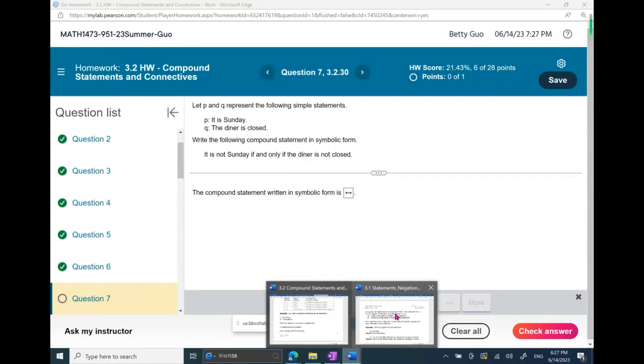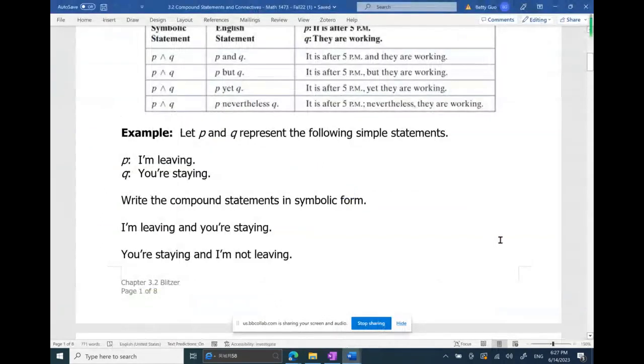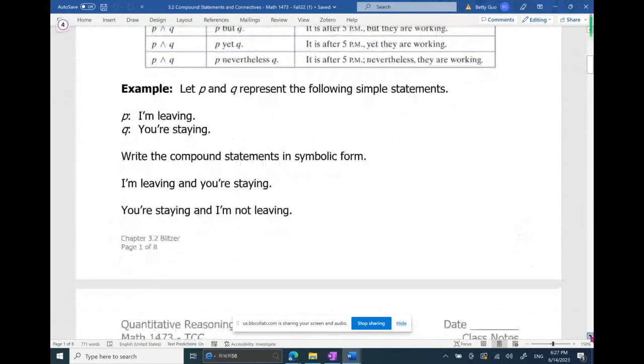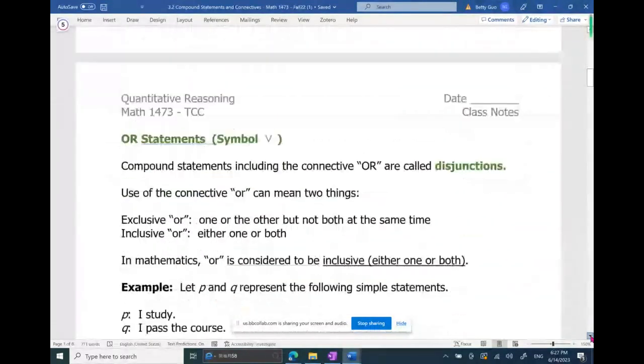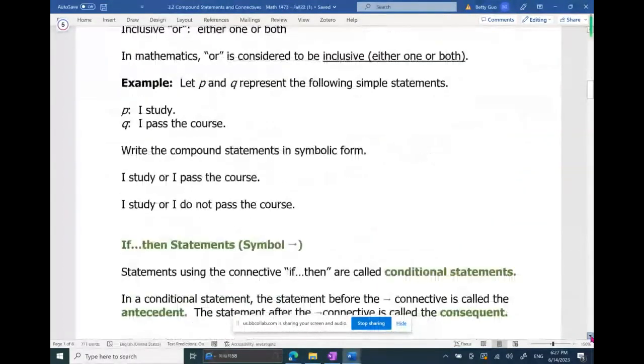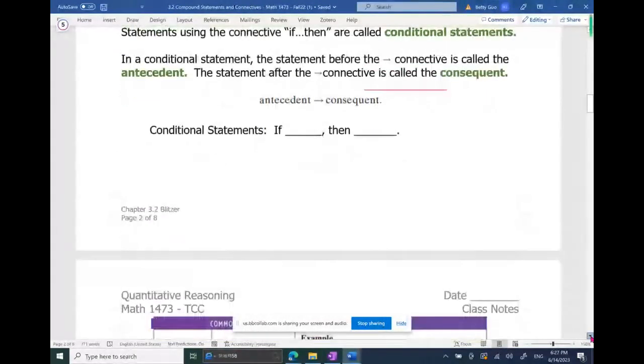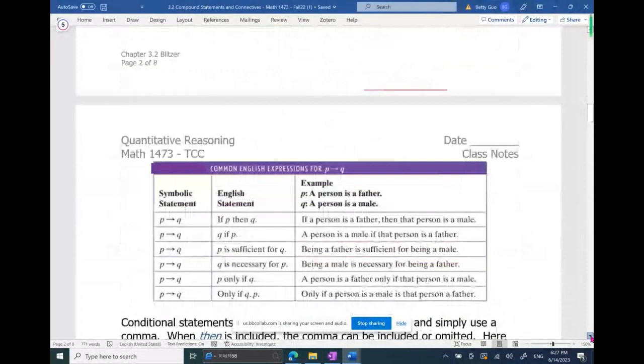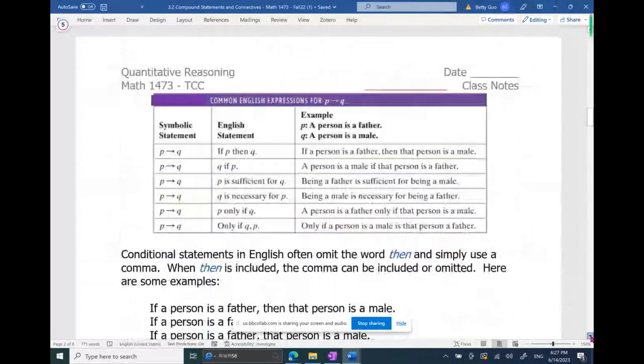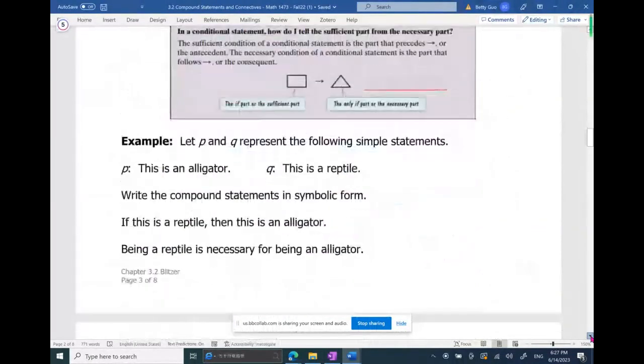A compound statement with that symbol in the middle gives us a biconditional statement. Let's look at a note very quickly. Biconditional is another important compound statement. So this is a disjunction, and we also have the conditional, but the one we were looking at is a biconditional.